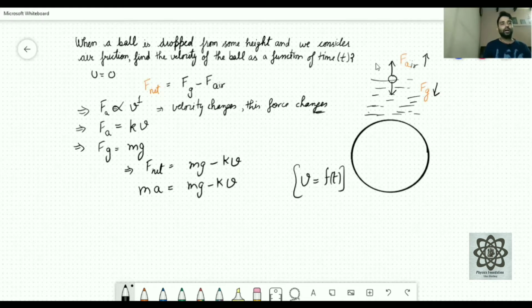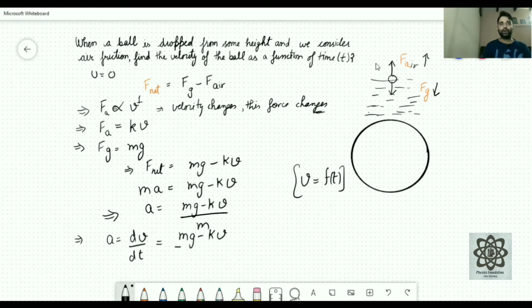So first acceleration will be equal to mg minus kv upon m, right? Now if we solve it, we can write acceleration as dv by dt, because acceleration is change in velocity upon change in time, right? So dv by dt is mg minus kv upon m.